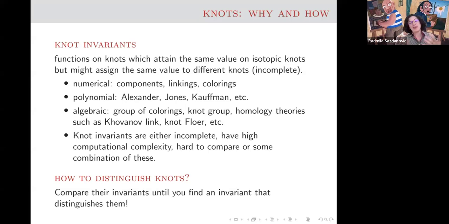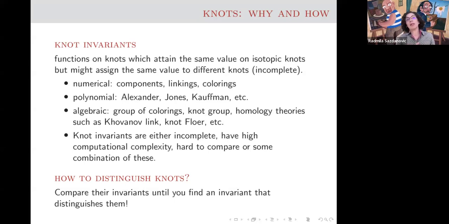So knot invariants are those specific functions of knots which attain the same value on isotopic knots that are considered equivalent, but most of them can fail to distinguish knots that should be distinguished. They might assign the same value to different knots, which can be thought of as noise or a loss of information, right?